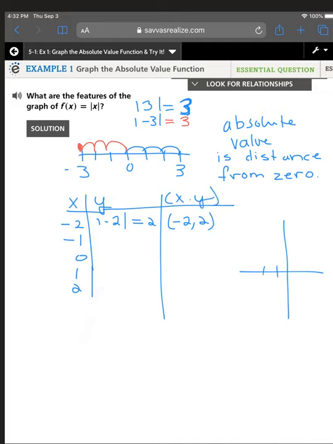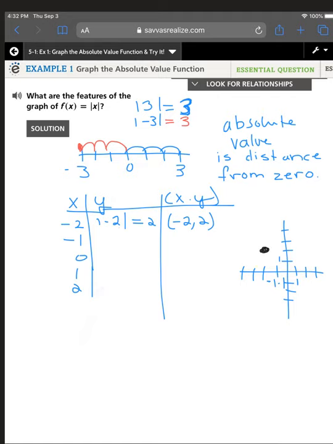Okay, so let's put our axes on. This would be -1, 2, 1, and -1. So the point -2, 2 would be right here.